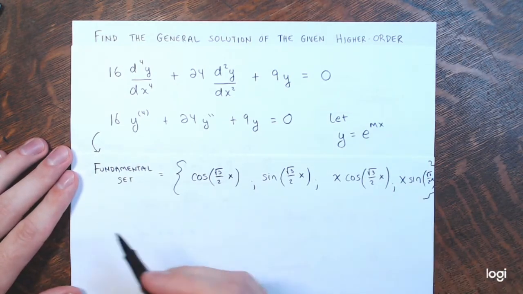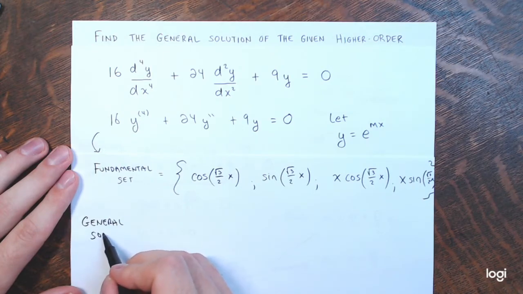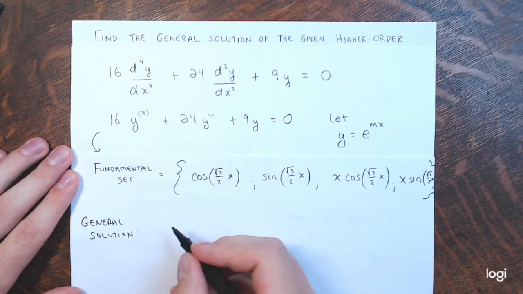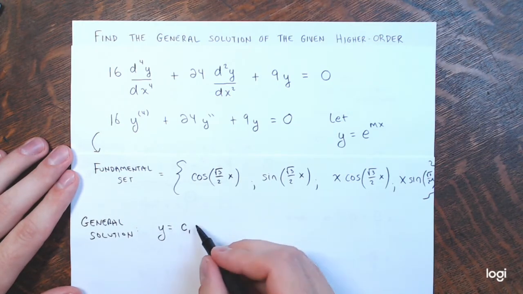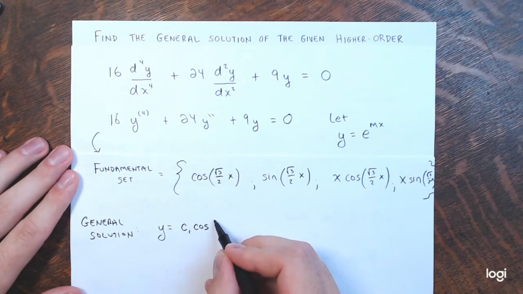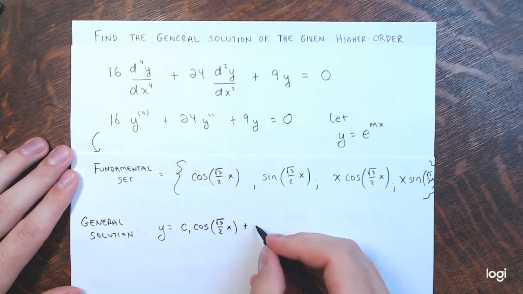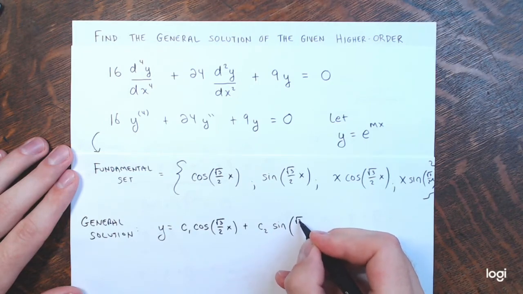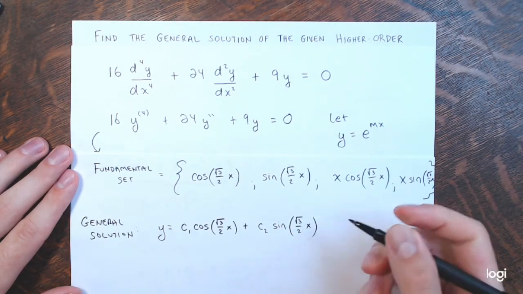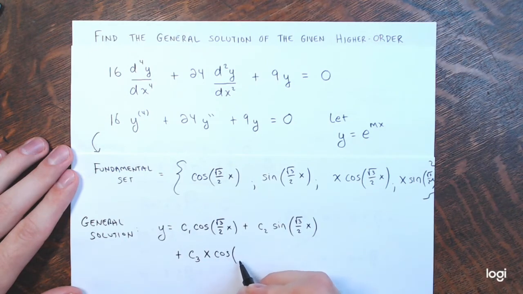But now that I have my fundamental set, the general solution is any linear combination of these. So y equals some constant c1 times the cosine of square root of 3 over 2x, plus some constant c2 times the sine of the square root of 3 over 2x, plus another constant c3 times x times the cosine of square root of 3 over 2x.